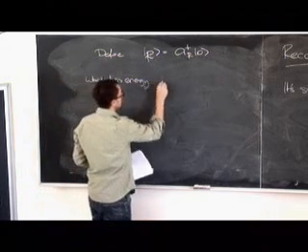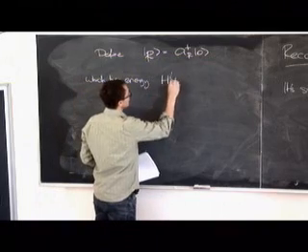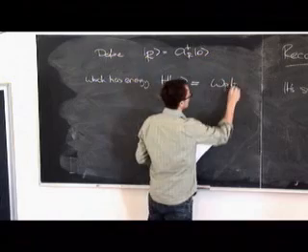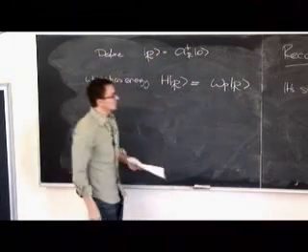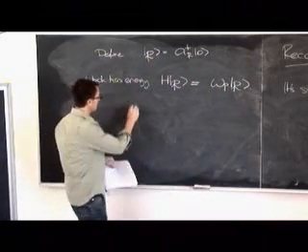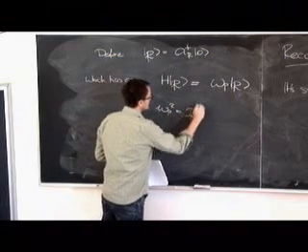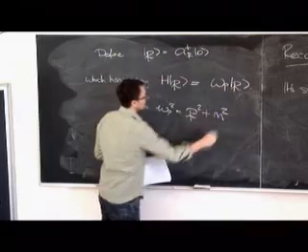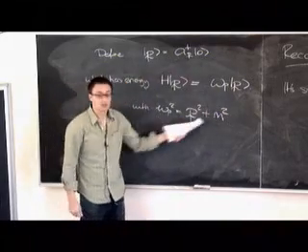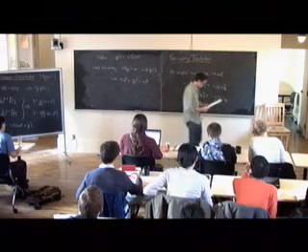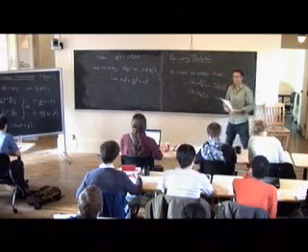What's the energy of this state? The Hamiltonian acting on p is just omega p. We had a definition of omega p, it was equal to this. Okay, but this should be very familiar.